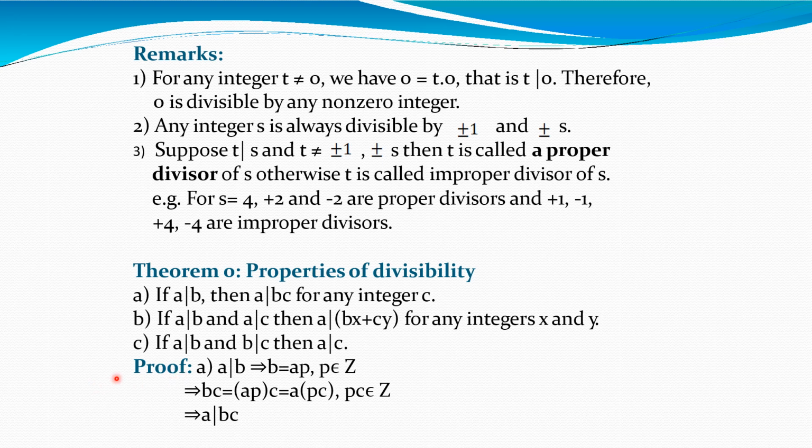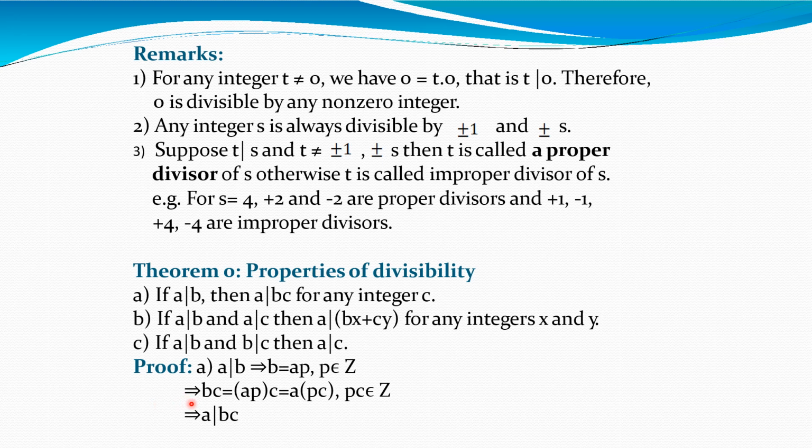Now the first is if a divides b, then a divides bc for any integer c. Now what is given to us? a divides b. So by definition we can say that b equal to a into p for some integer p. Now what we have to prove here? a divides bc. So we must get bc equal to a into some integer according to definition. So we start with bc. Now as we got already b equal to ap, putting this here we get bc equal to ap into c.